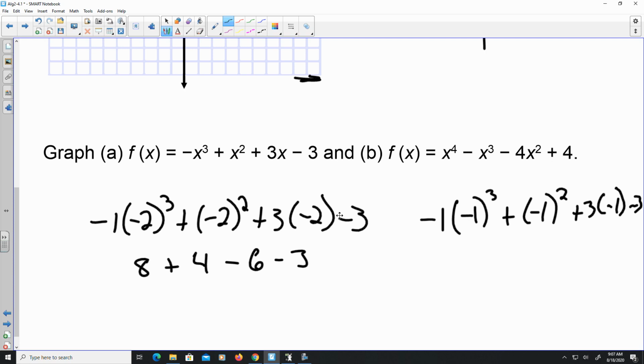So negative 1 cubed is negative 1 times, so that's positive 1 plus 1 minus 3 minus 3. So this is going to be 1 plus 1 is 2. 2 minus 3 is negative 1. Minus 3 is negative 4.